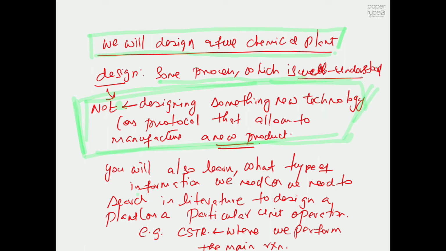You will also learn in this module what type of information we need. Just imagine if I ask you to design the manufacturing of a vinyl chloride monomer, come up with a process flow sheet that allows you to manufacture this product, and use Aspen HYSYS to simulate it.